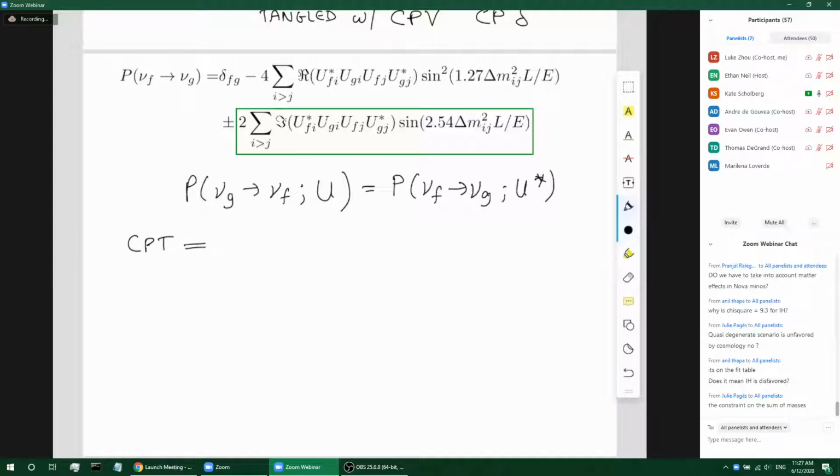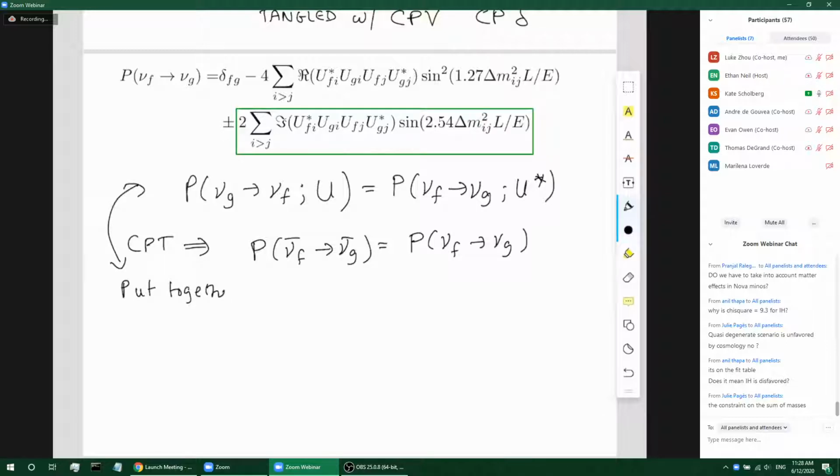CPT, which we all assume holds, tells you that the transition probability of nu F bar to nu G bar is the same as nu F to nu G. So that's a consequence of CPT. If you take these two things and put them together, then this should hold.